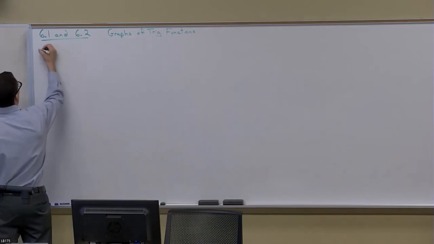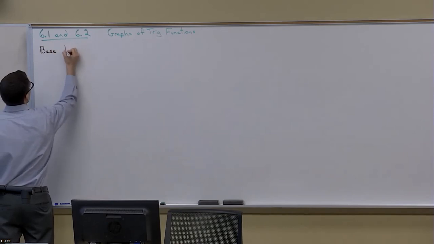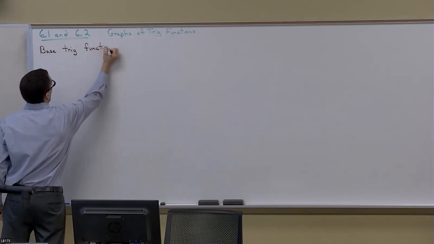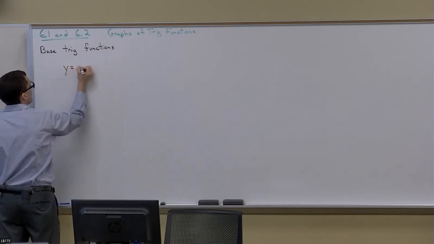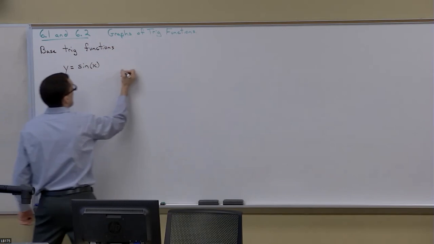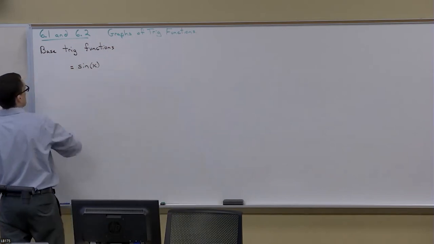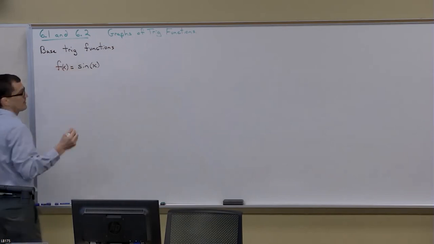So our base trig functions: let's look at y equals sine of x, or not y equals, I'm sorry. We want to use function notation. So f of x equals sine of x, which will graph just like y equals sine of x.